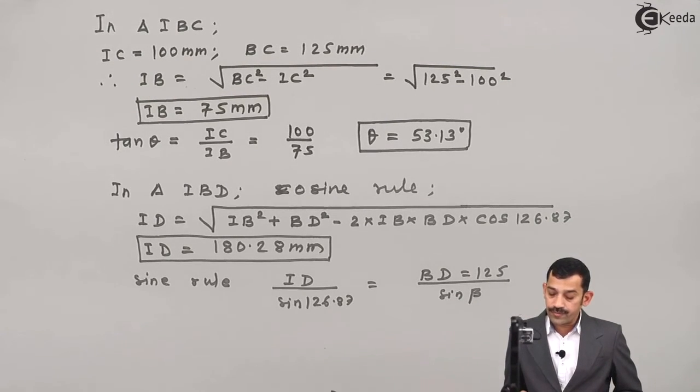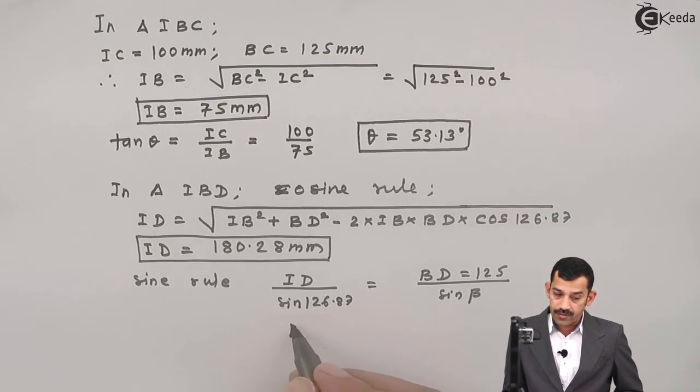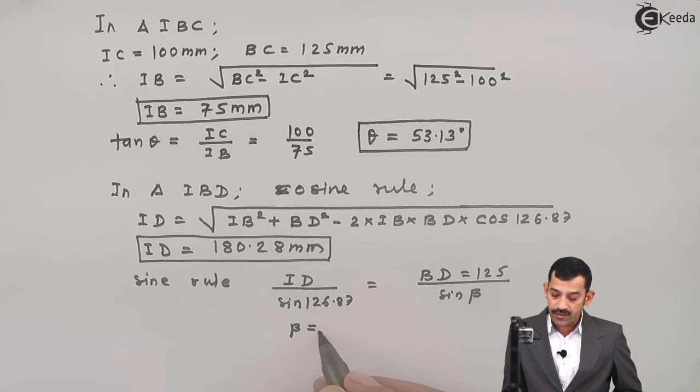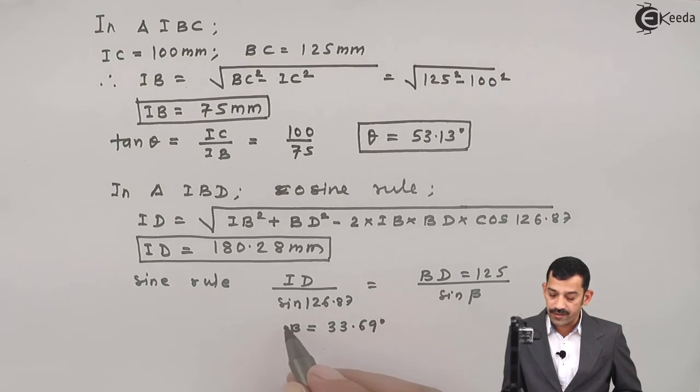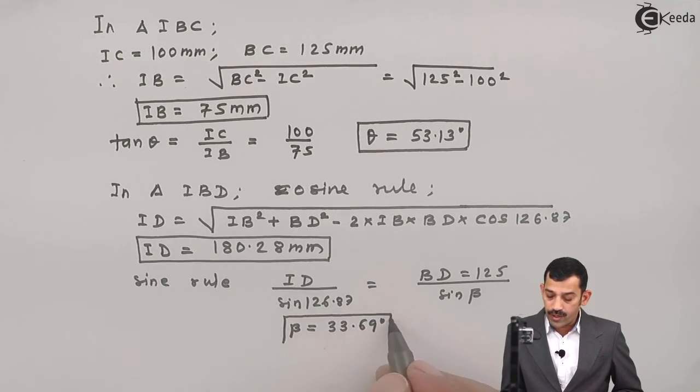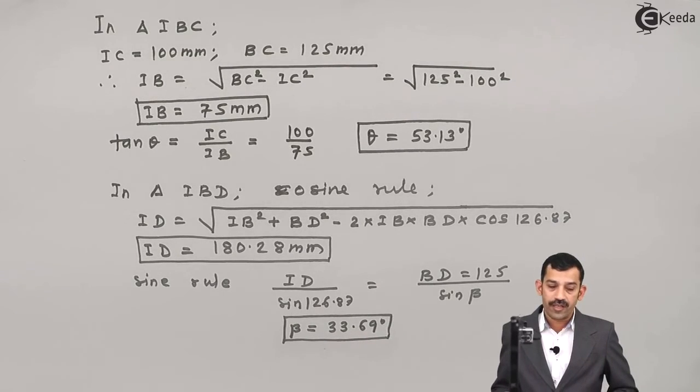Length ID is known, therefore angle beta is easily possible. This angle comes out to be 33.69 degrees. Now all lengths are ready to find all linear as well as angular velocities.